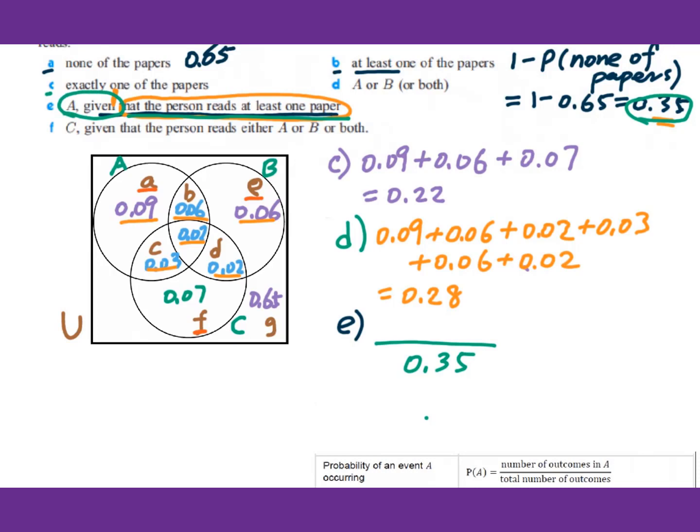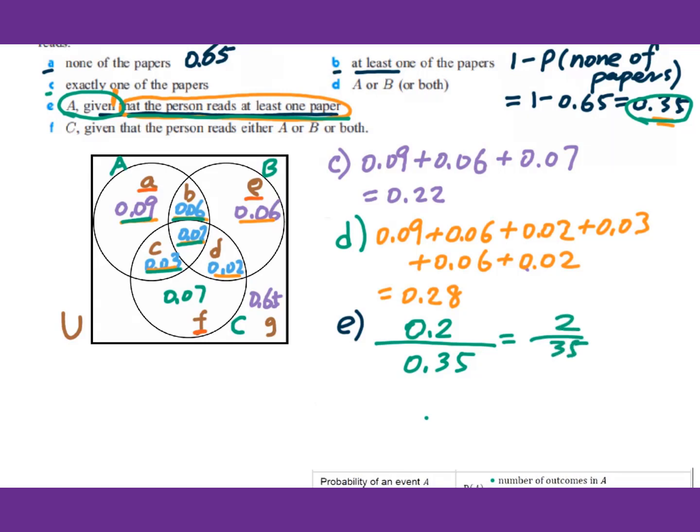For A, the probability of A will be 0.09 plus 0.06 plus 0.02 plus 0.03, that will be 0.2. So you get 2 over 35. Let's go to F.